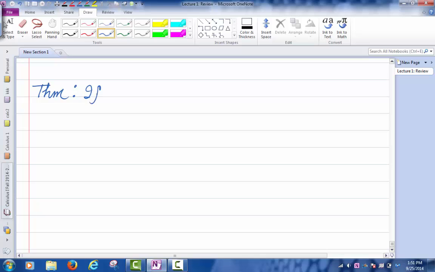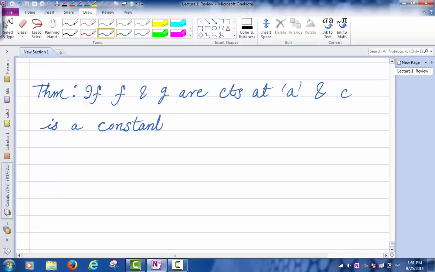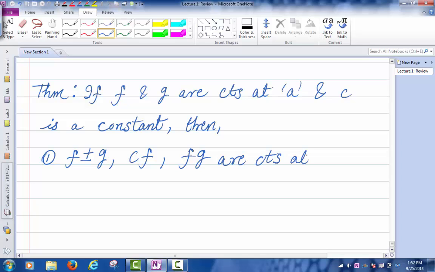If the function f and the function g are continuous at some number a, and c is a constant, then number one, we could say that the function f plus or minus g, the constant c times f, or even f times g, they are continuous at a as well.